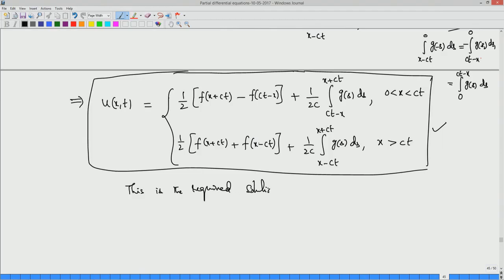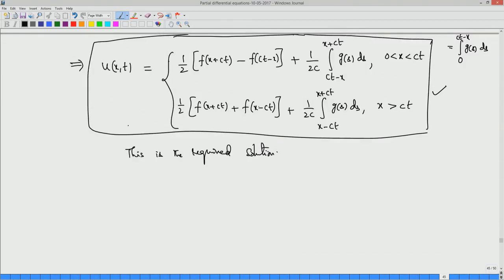So, you see the given data f and g is known, and you know for all times what is your u of x, t. You have the displacement for all times even if it is given on a semi infinite domain, that is a semi infinite string, but one end of the string is fixed, that means displacement is 0.